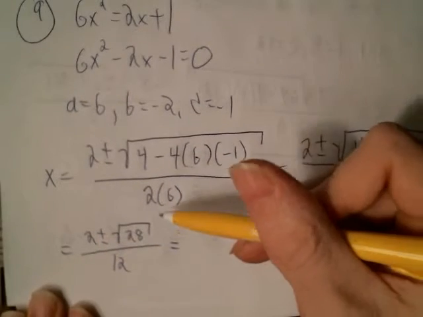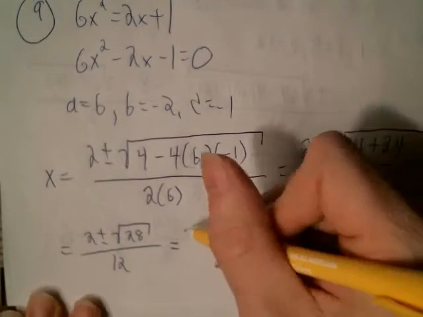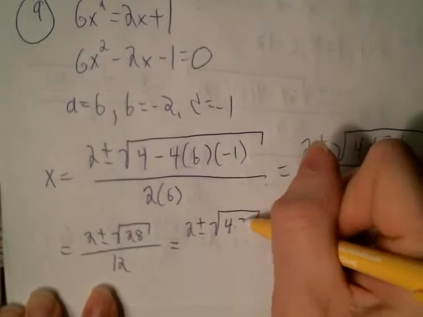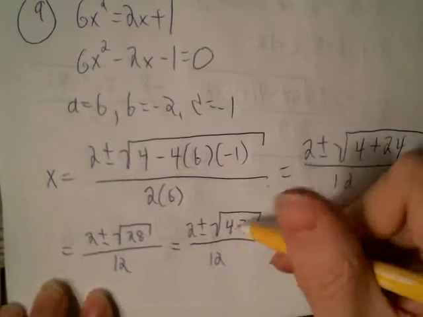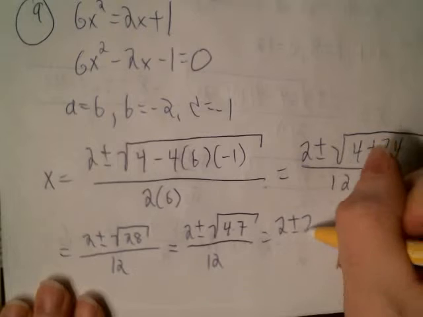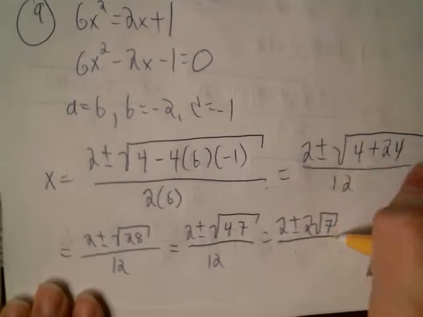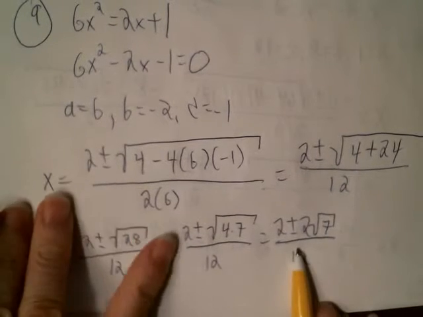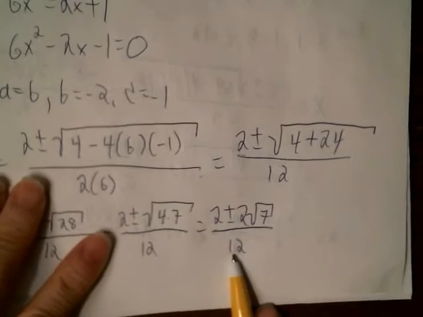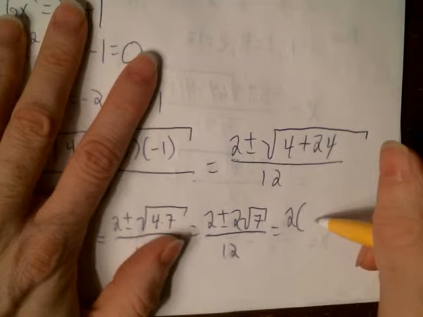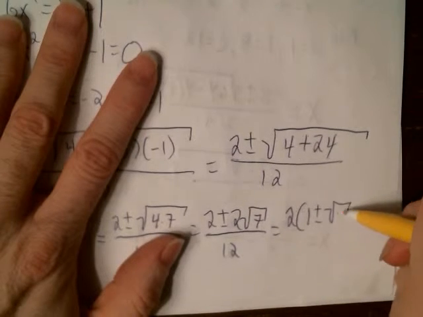I want to simplify this thing. I think there's a perfect square in there, right? So it's 2 plus or minus square root of 4 times 7 all over 12. You can march the 4 out the front. 2 plus or minus 2 radical 7 all over 12. And then when you simplify this, you need to factor the numerator and denominator. Factoring the numerator, I can bring a 2 out of both terms, 1 plus or minus radical 7.